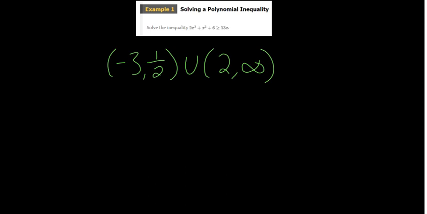So I'm going to use brackets instead of parentheses, like this. But we're going to leave the parentheses on infinity because, again, infinity is not a number, it is a concept. So we're not going to an exact number, we're going to an exact concept, which would be infinity. Whew. All right, well, that's example 1.